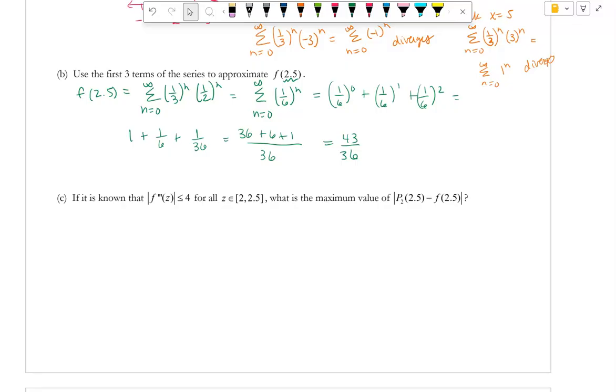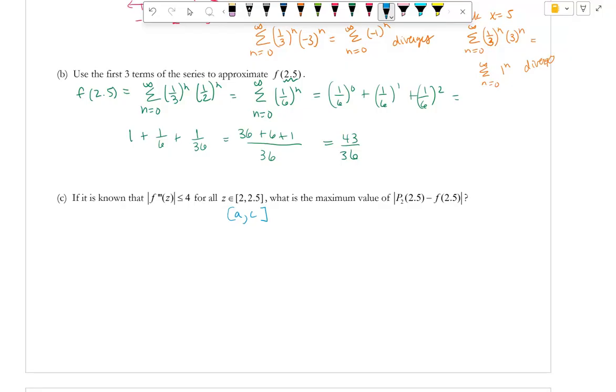All right, finally in part C, we're told that it is known that the magnitude of the third derivative of f at z is less than or equal to 4 for all values of z between 2 and 2.5. So notice 2 was my center, and 2.5 is where I was approximating f of 2.5.